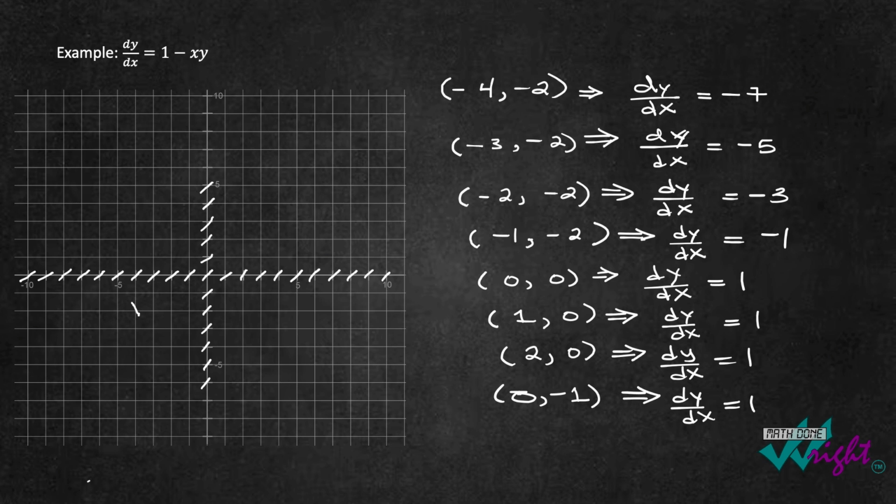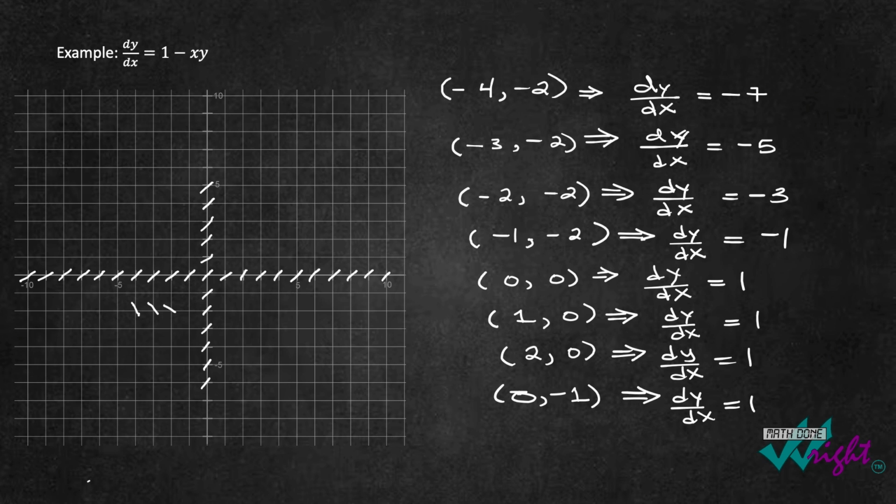And then I have negative 3, negative 2, which is right next door. It's not as steep, but it is still kind of steep, so I'm going to lean it just a little bit. And then we have negative 2, negative 2. I'm going to lean the line even more, because that gives us about negative 3.